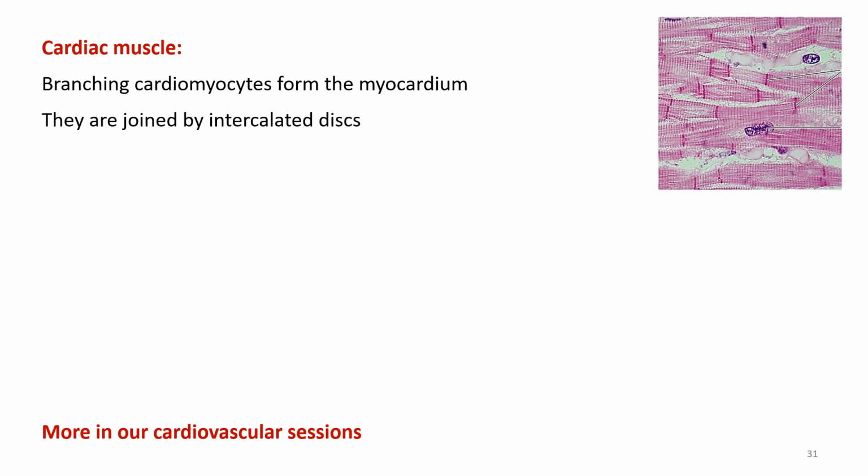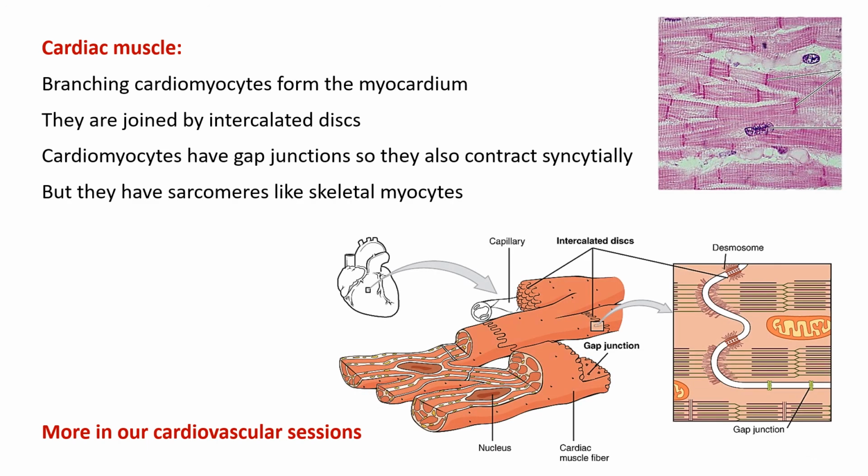Cardiac muscle, as I said, we've got branching cardiomyocytes, which then form the myocardium. Between the branches, we've got things called intercalated discs. At the intercalated discs, we have the gap junctions because they're then joining one branching cardiomyocyte to another one.